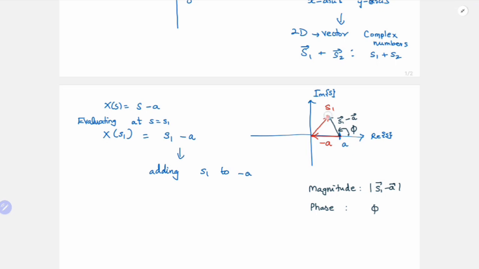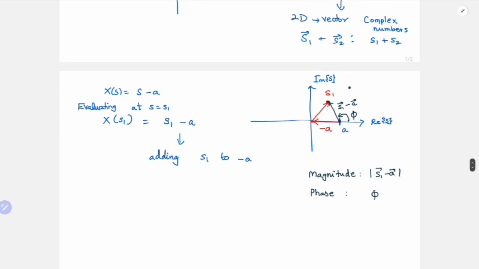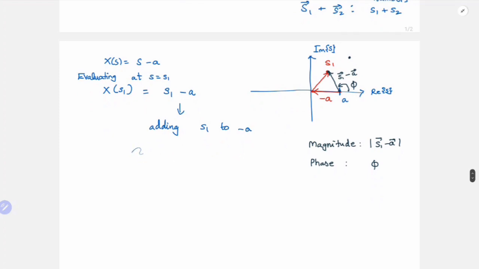If I sweep this s1 to some other point, it will help me visualize how the magnitude and phase are changing. So I'll be getting x of s1, and the magnitude and phase can be determined from the graph. This is the location of the 0, so the magnitude is directly applied.